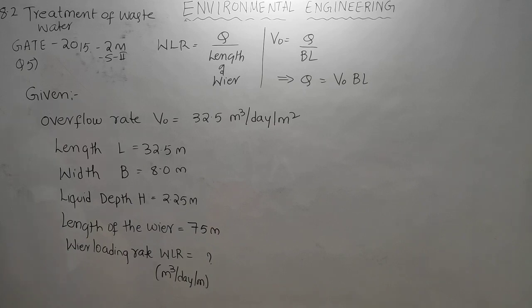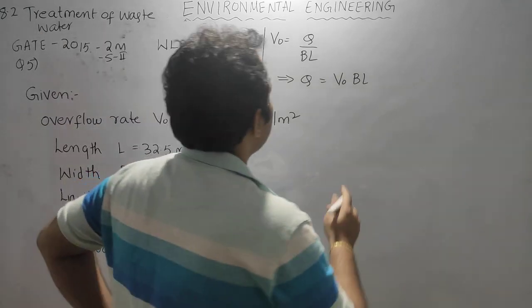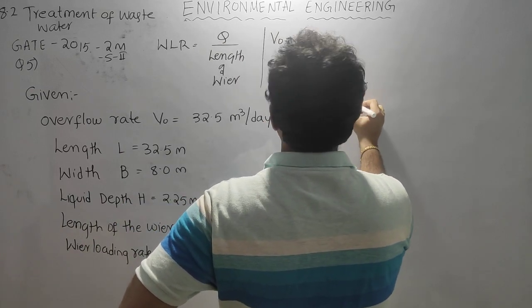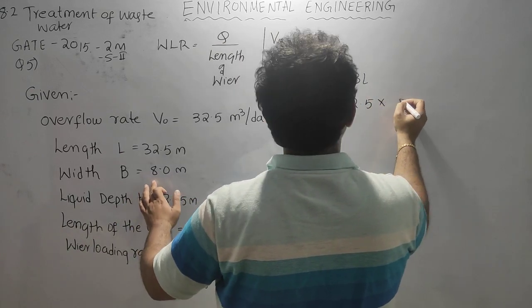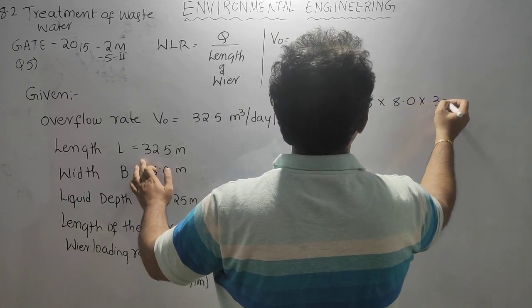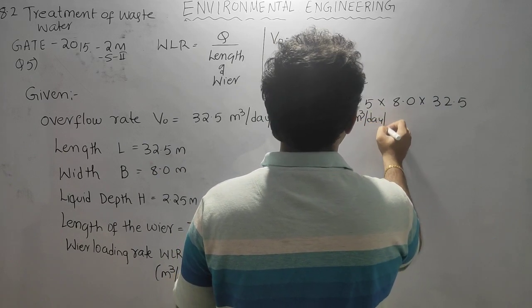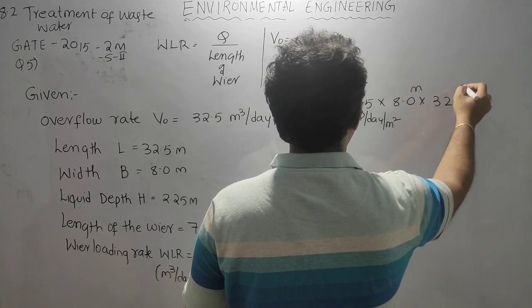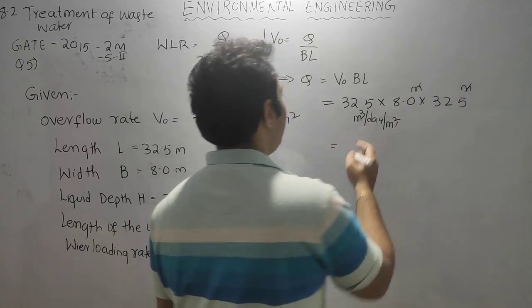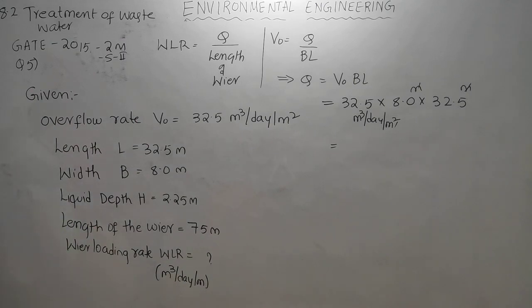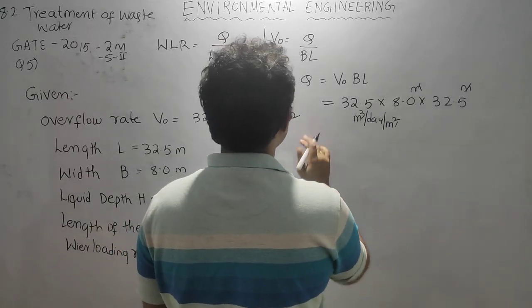If we multiply it with B and L, we get the discharge: 32.5 into 8.0 into 32.5. The units are meter cube per day per meter square times meter times meter, so this comes out as meter cube per day. Let us leave the value for a while. This is Q.